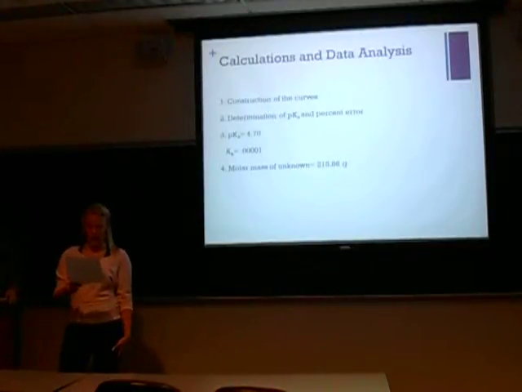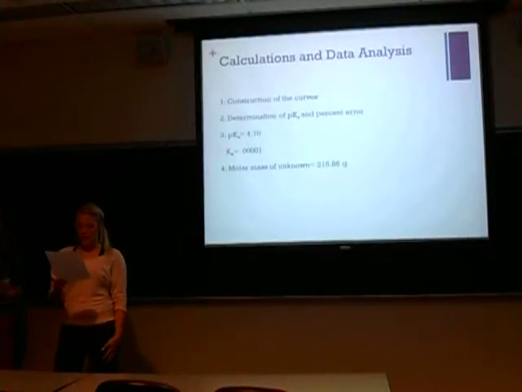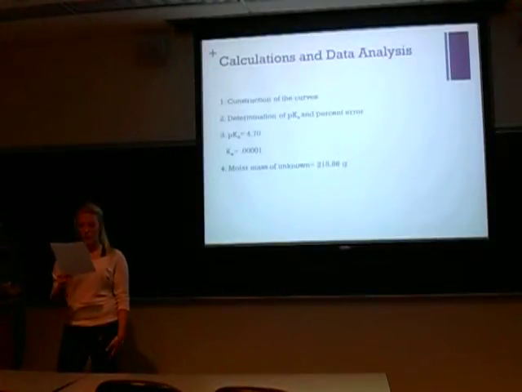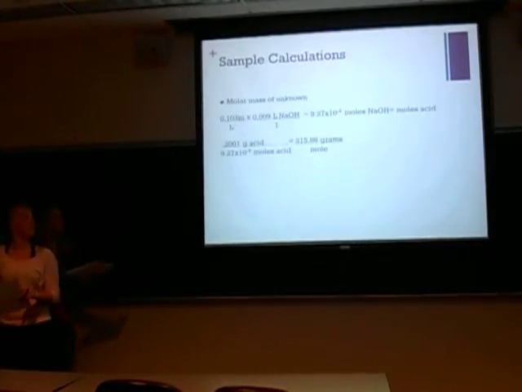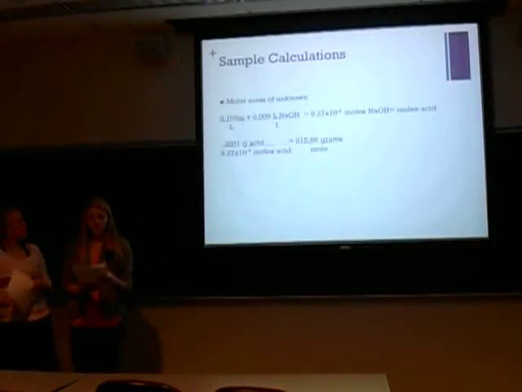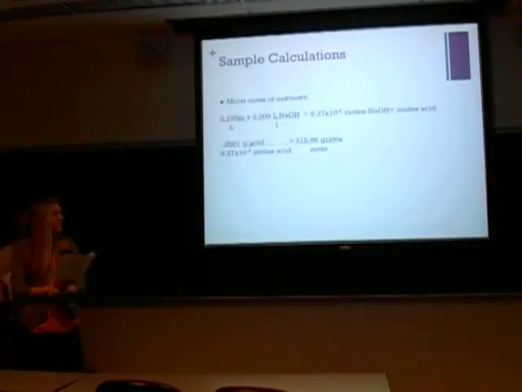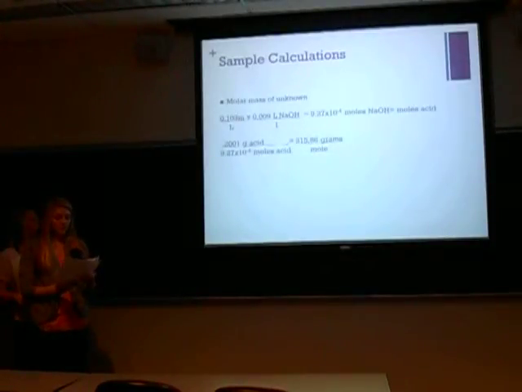The pKa for the unknown was 5. Setting 10 to the negative fifth determines the Ka value to be 0.00001. For the molar mass of the unknown, we have 0.130 moles per liter multiplied by 0.009 liters of NaOH, sodium hydroxide, and this is equal to 9.27 times 10 to the negative fourth moles of sodium hydroxide.